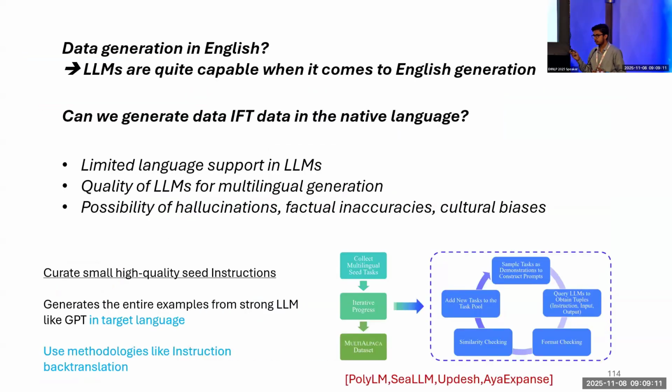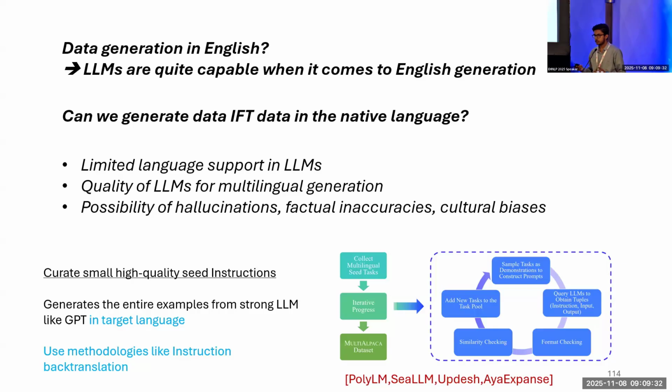Now, why do we do data generation in English? This is obviously because LLMs are quite capable when it comes to English generation, but can we generate IFT data in the native language, even though there are these limitations of limited language support, and the quality of LLMs for multilingual generation may not be that good?